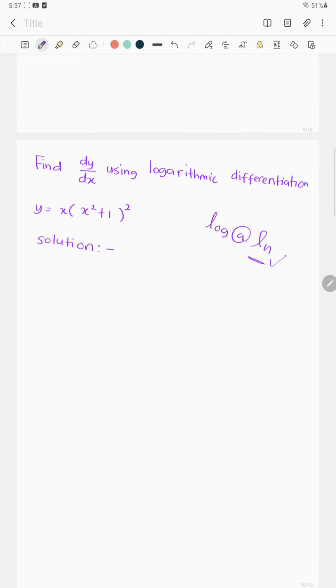So we write back y equals x times the square root of x squared plus 1, which is x squared plus 1 power of a half. Since we need to use logarithm differentiation, we put ln on the left side, so we also need to put ln on the right side: ln of x times x squared plus 1. Don't forget we have the power here.